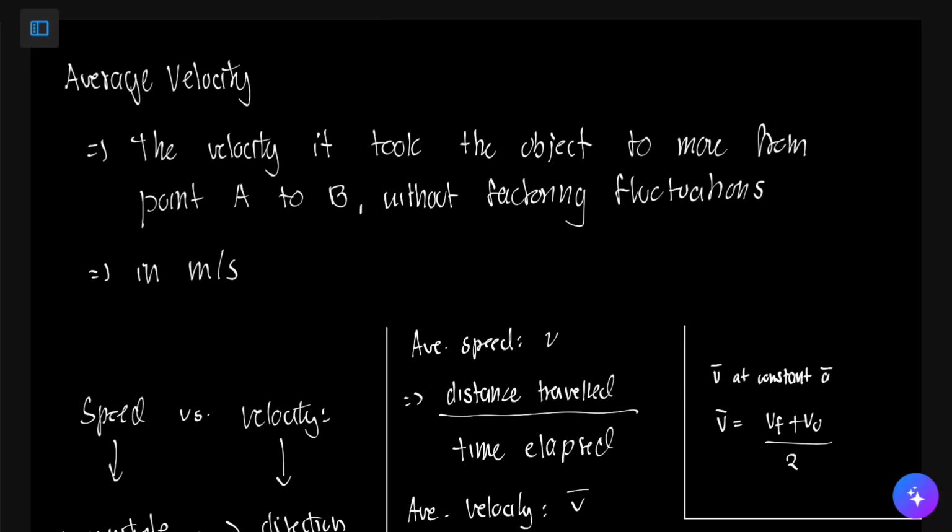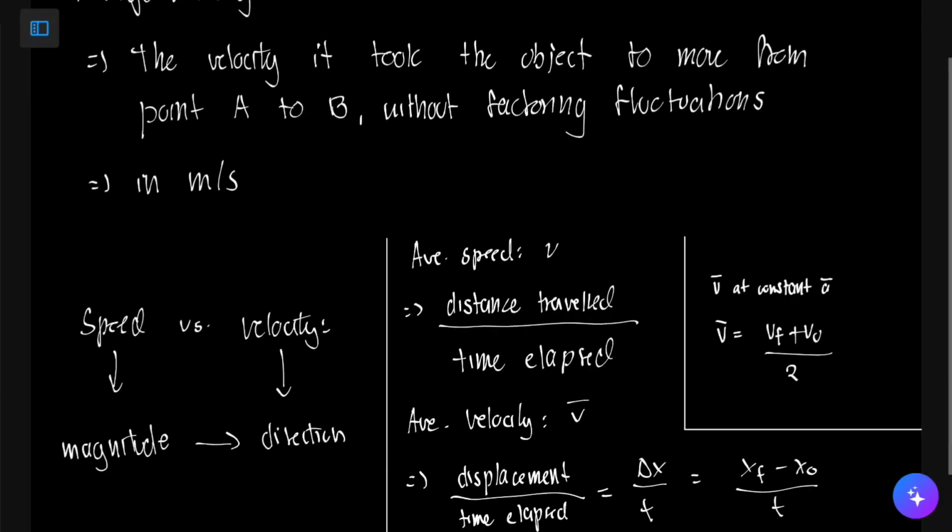So what do I mean by fluctuations? It can be your traffic, or it can be you slowing down, speeding up. So we will talk about that after this. So the velocity took the time to move from point A to point B without factoring fluctuations, such as your average velocity. Then it is usually expressed in meters per second.